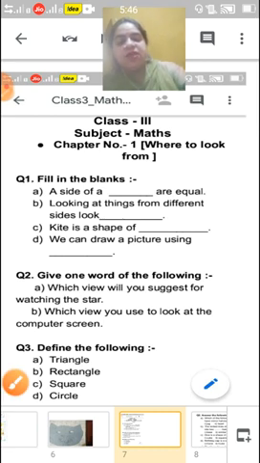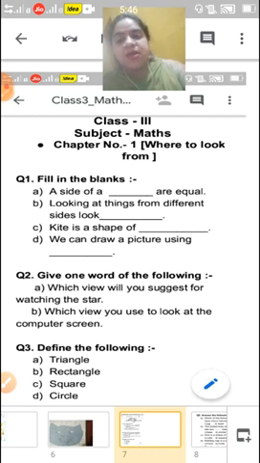Define the following. First, A is your triangle. Now children, can you define what is a triangle? A triangle is a closed figure with three sides. That is a triangle. Now come to rectangle.